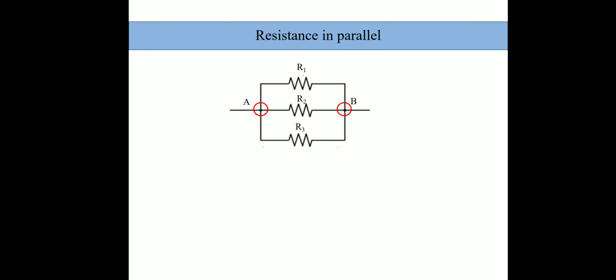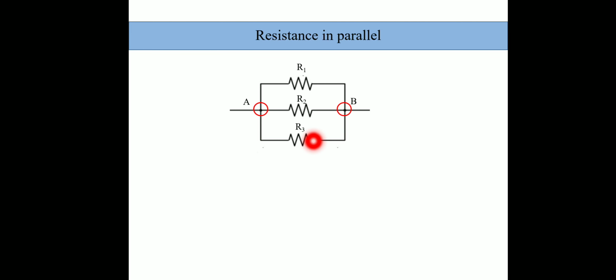Now what is so different in this parallel combination? If you see this circuit diagram, everything is connected to point A, and here everything is connected to point B. So there are two common points. Between these 2 points, all the resistors are connected, and we know what potential difference is.